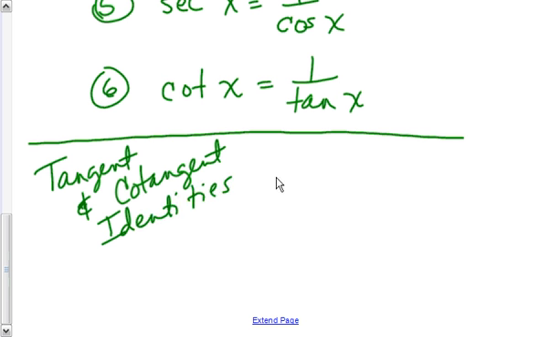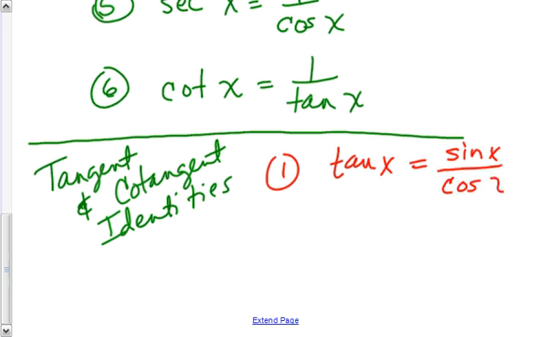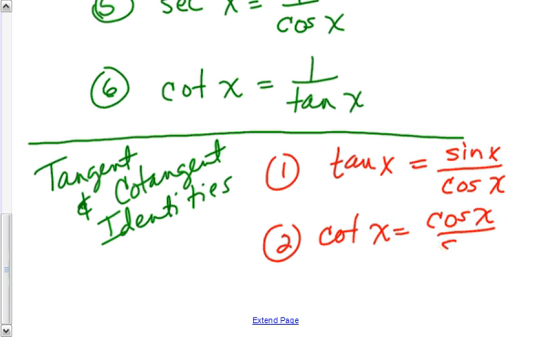The first one is that tangent can be written in terms of sine and cosine, as a fraction: sine of x over cosine of x. Remember that? We did it when we did the circle yesterday. Cotangent is the opposite of that, because it's the reciprocal: cosine of x over sine of x. So learn those two.